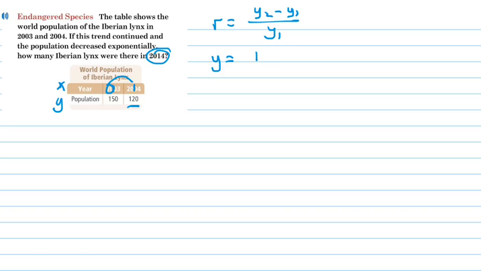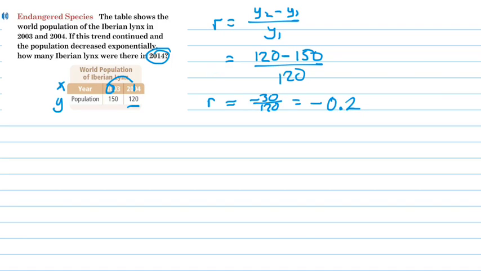So we have 120 minus 150 divided by 150. And so when I subtract those, I end up with a negative 30 over 150, which when I divide that all the way out, I get a negative 0.2. So remember, this is my rate. Oops, I didn't mean to put a y there. That was supposed to be r.